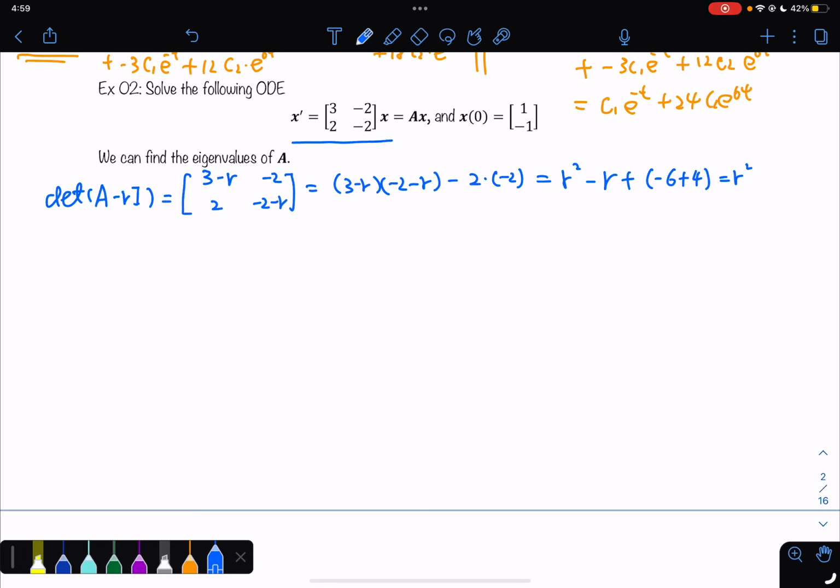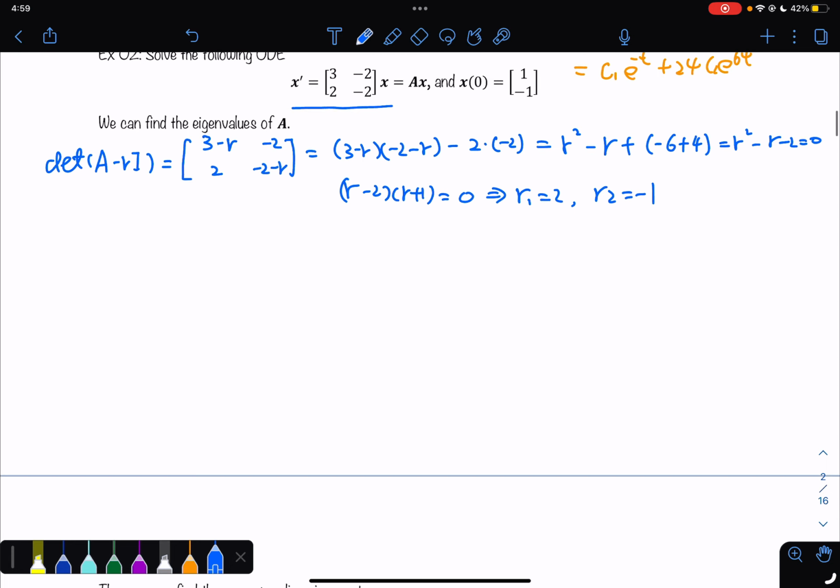So you have R squared minus R minus 2 equals 0. So (R minus 2)(R plus 1) is 0. So R1 is 2, R2 is negative 1. So you find your two eigenvalues of this equation.